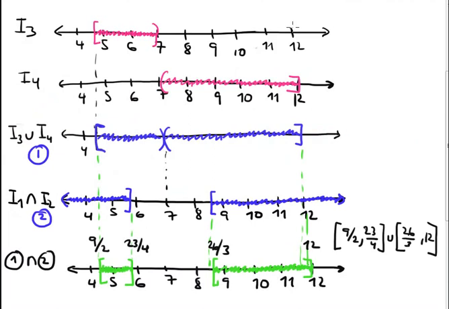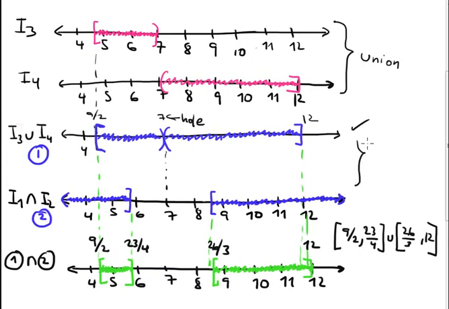Okay. Finally, for interval 3 and 4, we use the union between these intervals. The union is this and this put together. It goes from this point, 9 over 2, to 12, but at 7 we have a hole. Now finally, the intersection between 1 and 2.